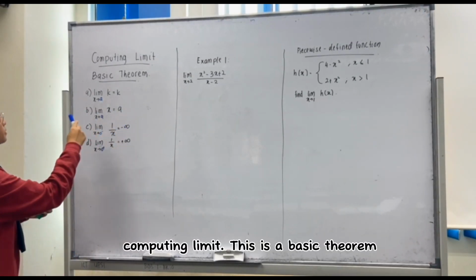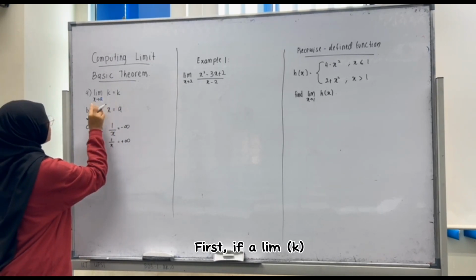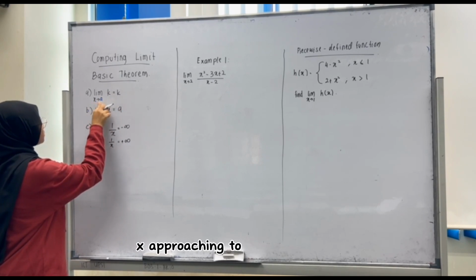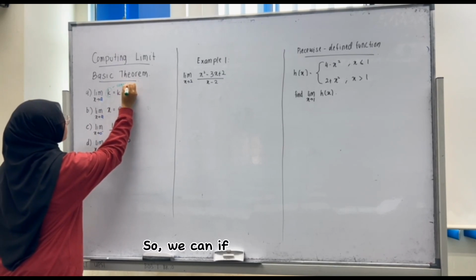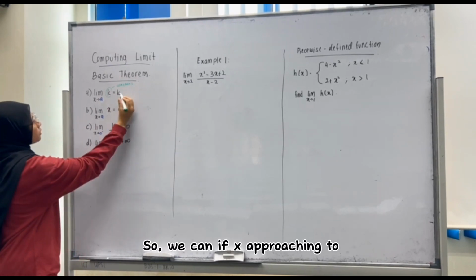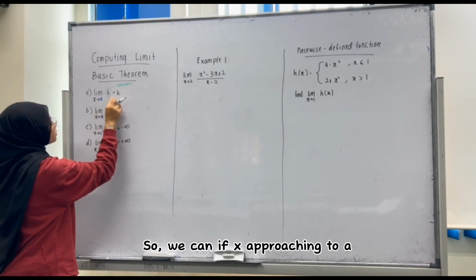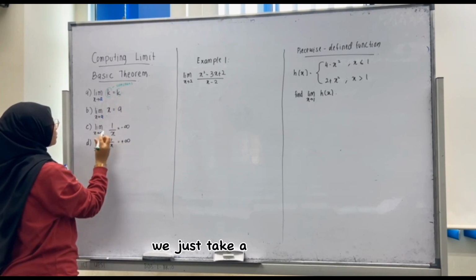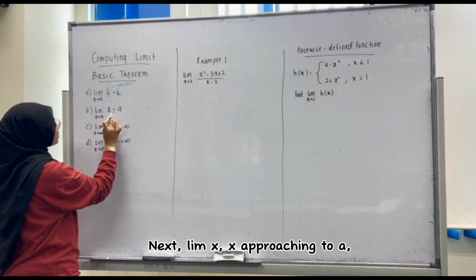This is a basic theorem in limits. First is the limit of k as x approaches a, where k is a constant. So if x approaches a, we just take the constant value k. Next, limit as x approaches a of x.